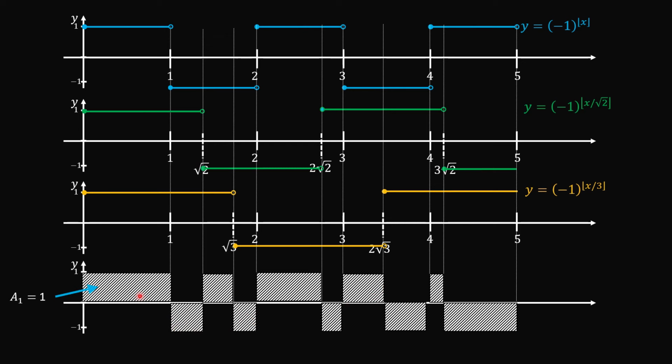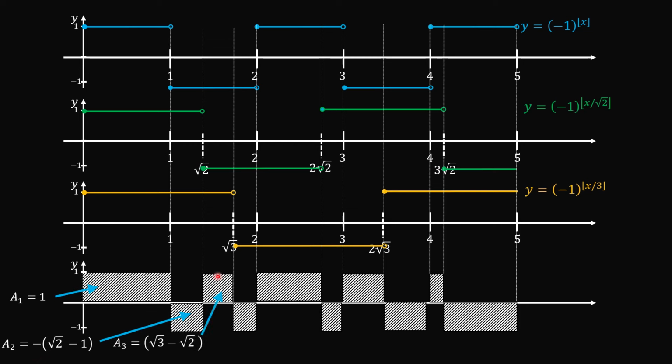So area 1 is going to be 1 because it stretches from 0 to 1 times the height, which is going to be positive 1. Then area 2 is root 2 minus 1 times the height, which is 1, but it's on the negative side, so we attach a negative 1.